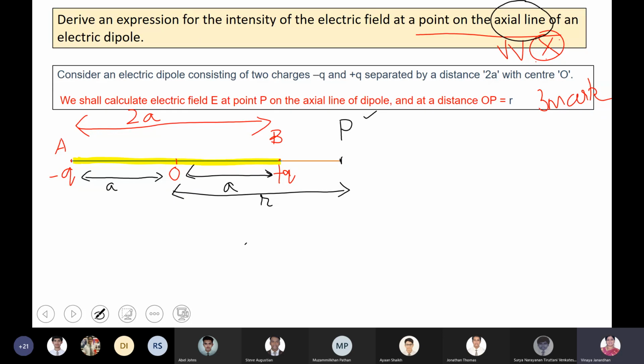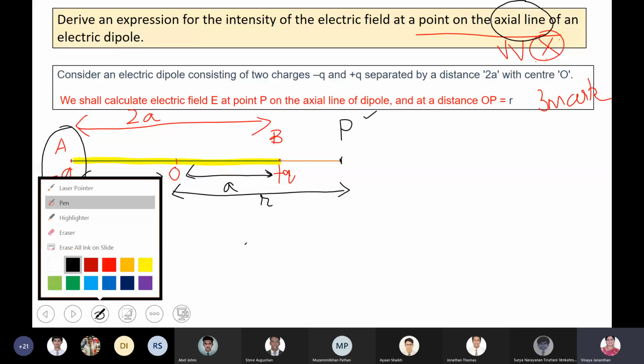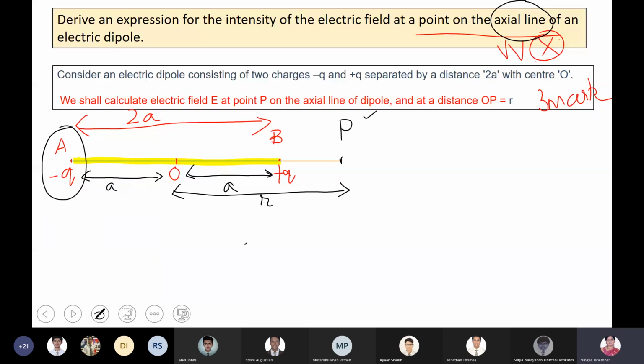Fine. Now look at this, boys. You want to find the strength of the electric field at point P due to the entire dipole. Now what we'll do is, let us find the strength of the electric field at point P due to the charge at A. Let me find the strength of the electric field at point P due to the charge placed at point A. Now, for that, what should I do?